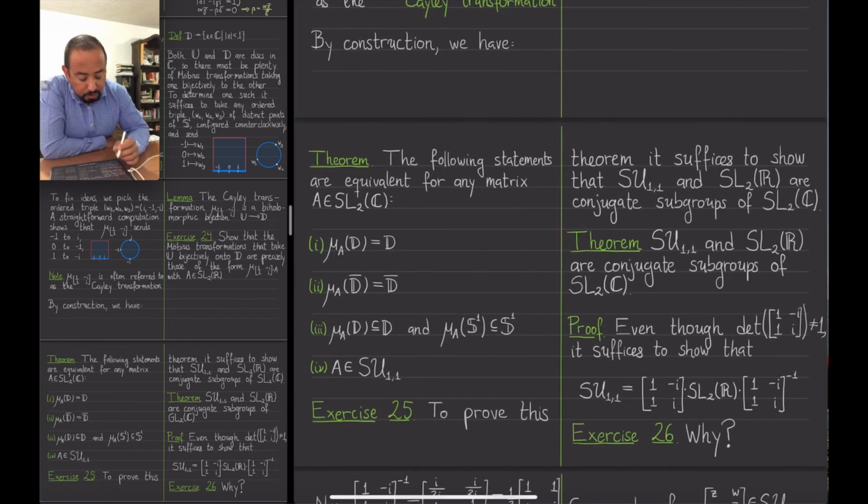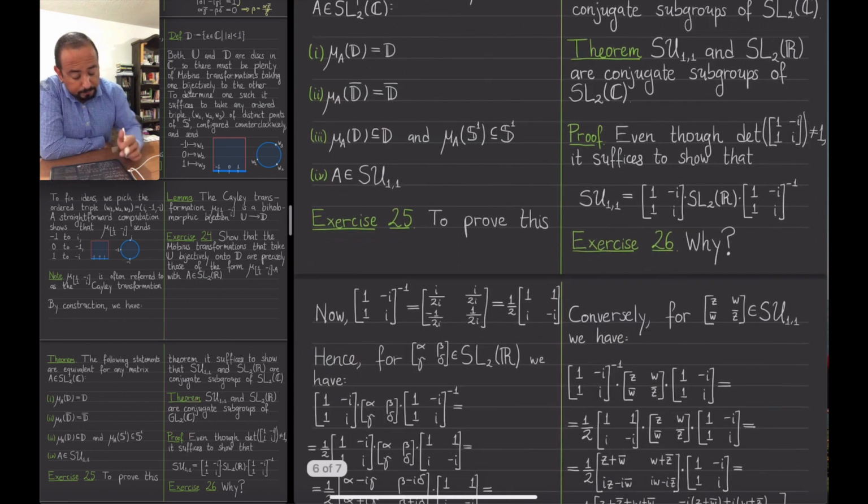So showing that two subgroups of SL2C are conjugate in SL2C: given two subgroups of SL2C, if one can prove that they are conjugate in GL2C, then one automatically can deduce that they are conjugate in SL2C, in the smaller group. And that's what we are going to do.